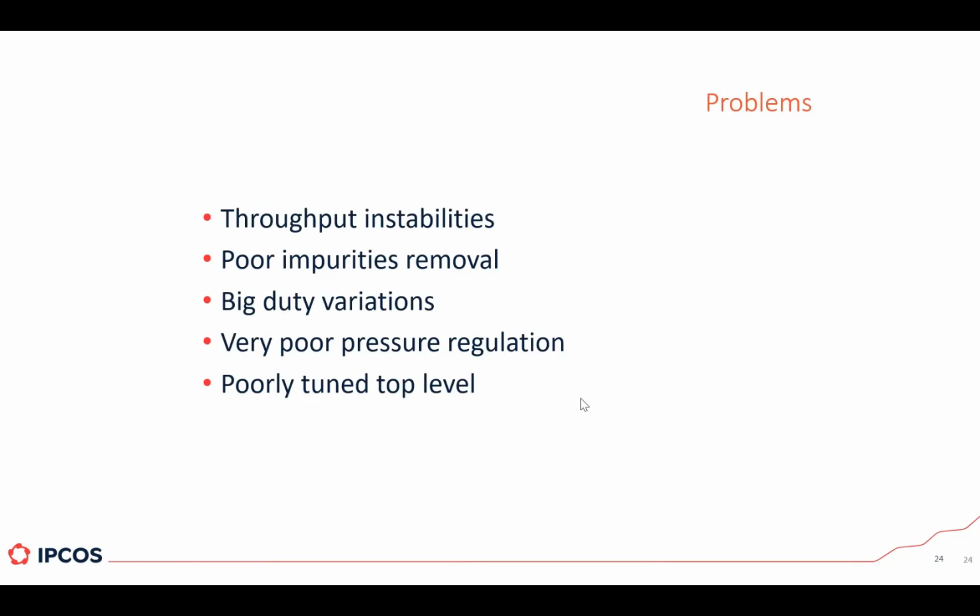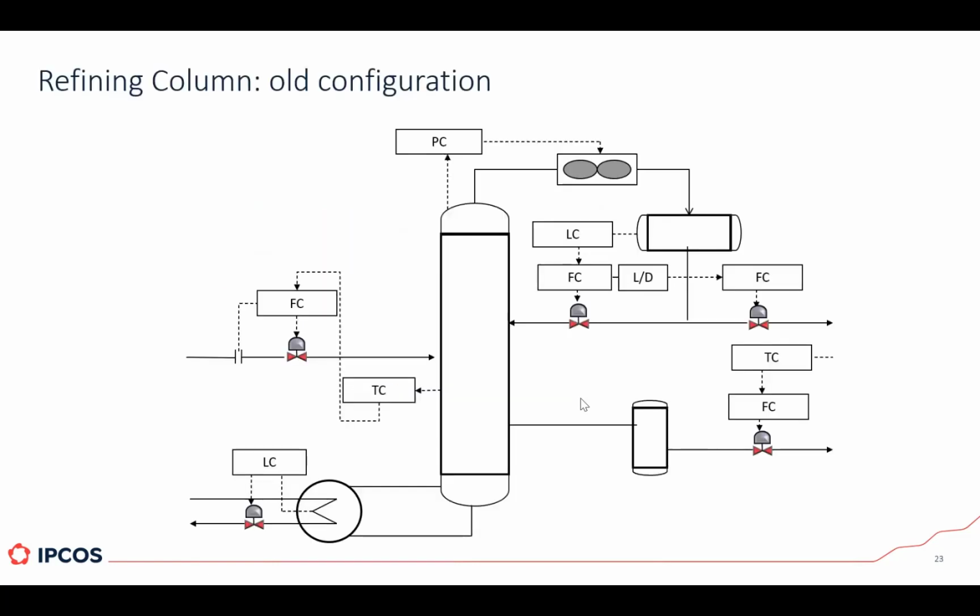And then what we found there was that there were throughput instabilities because of the kind of control that it was using. You can see how this cut temperature, the mid-section cut temperature, was controlled with the feed flow. And this is not to say that that was a wrong strategy. This is to say that the way it was implemented was not correct.